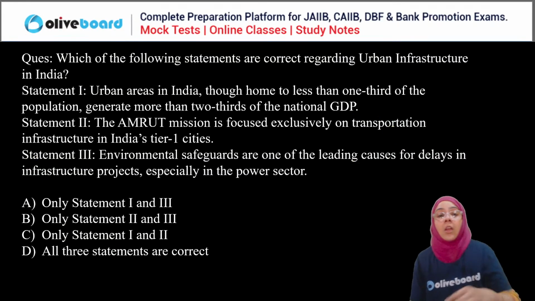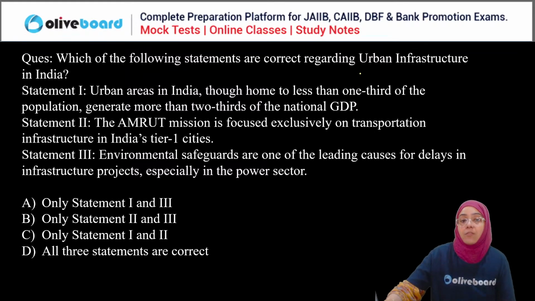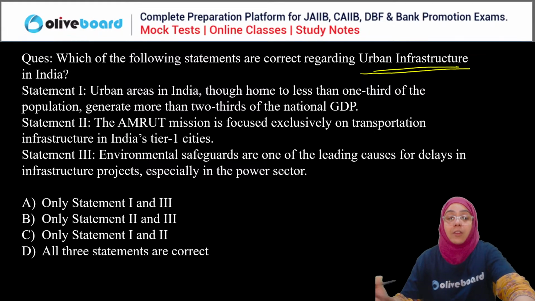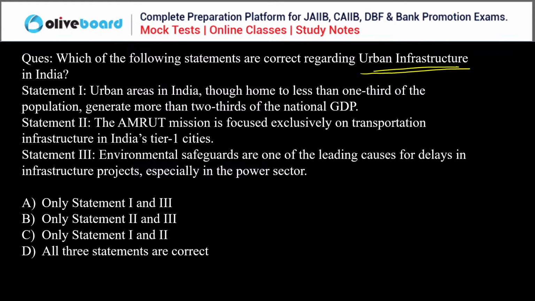Okay, next question. Which of the following statements are correct regarding urban infrastructure in India? Choose the correct statement. First, urban areas in India, though home to less than one third of the population, generate more than two-thirds of the national GDP.